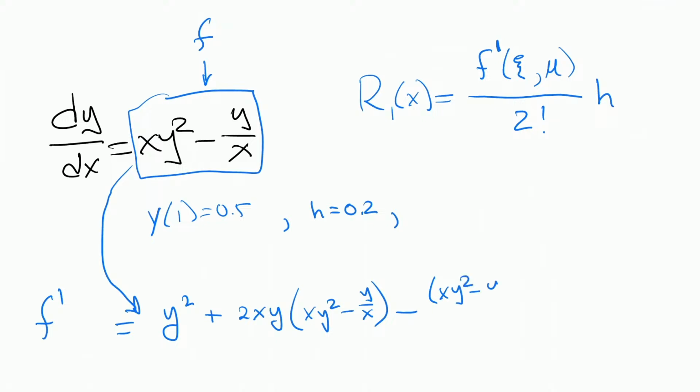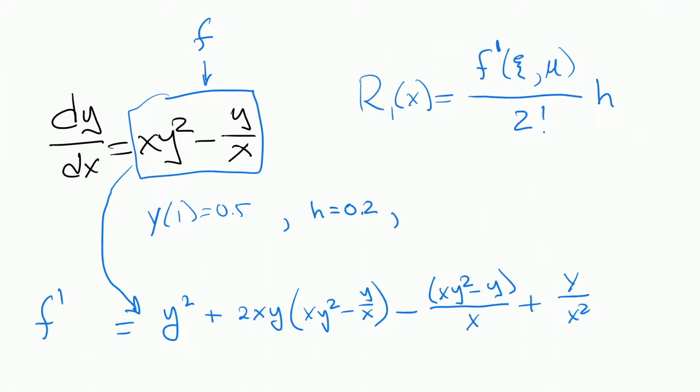Xy squared minus y over x. And then I'm using the product rule here. So this is going to be minus a negative y over x squared. I think that's what we had. Wow, that is super complicated. I'm really disappointed in how complicated this is.